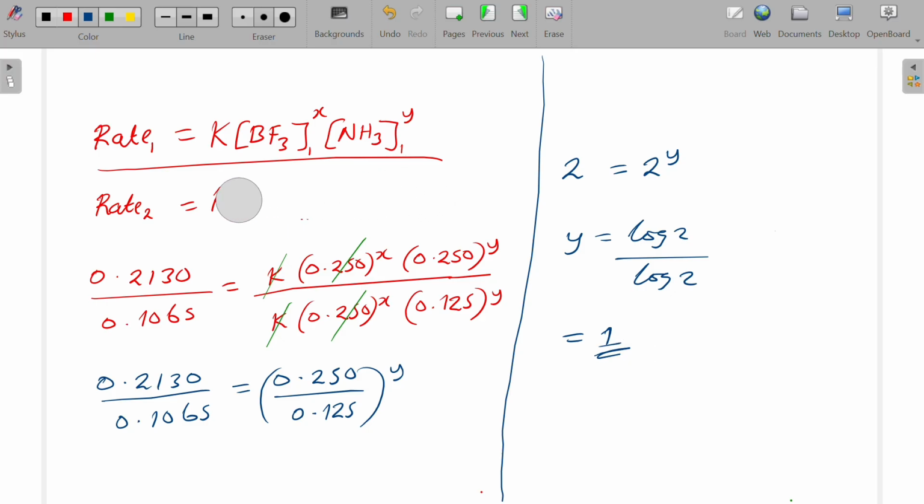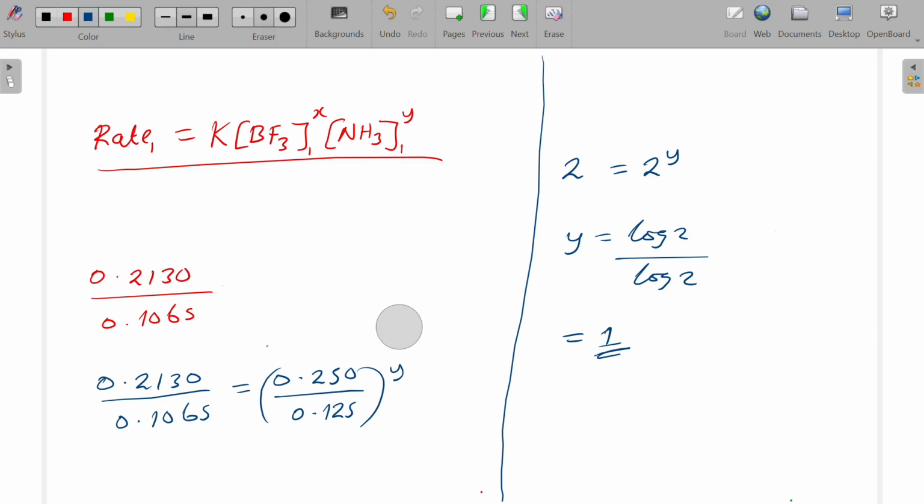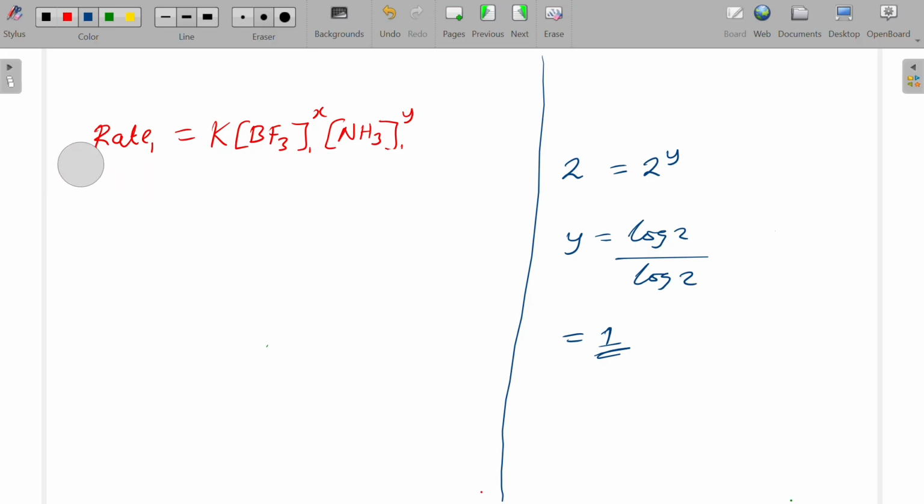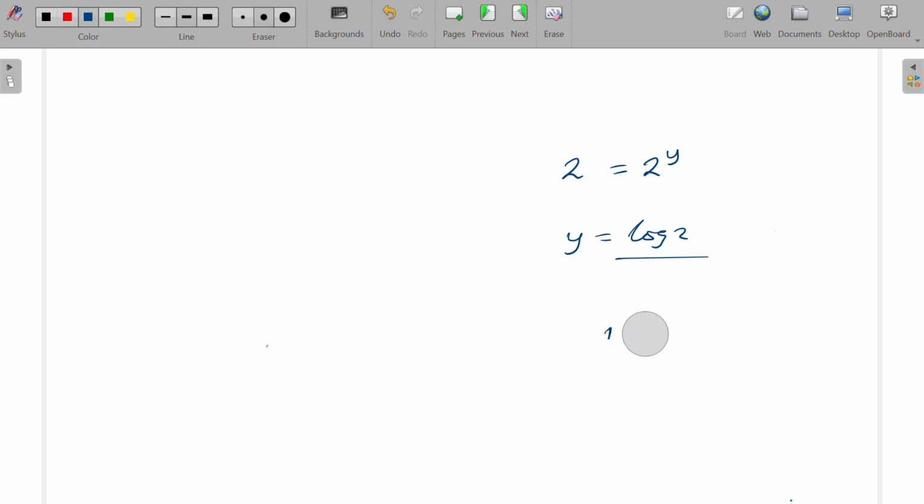Now that we have our orders of reaction, we can go ahead and complete our rate law. So let's do that. This whole part here is going to go, let me just remove everything.